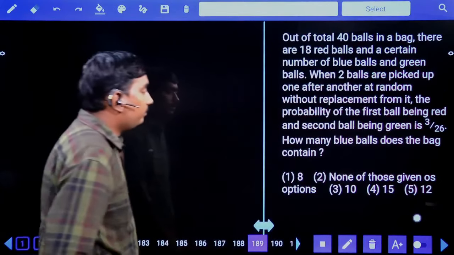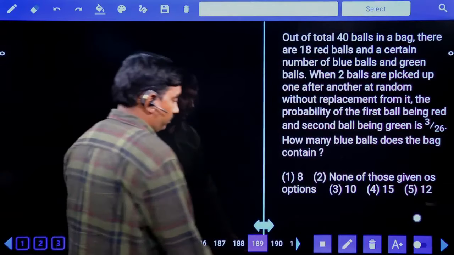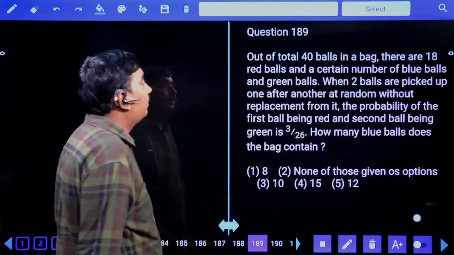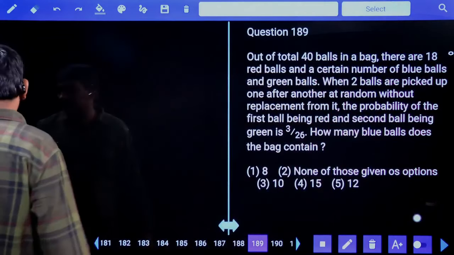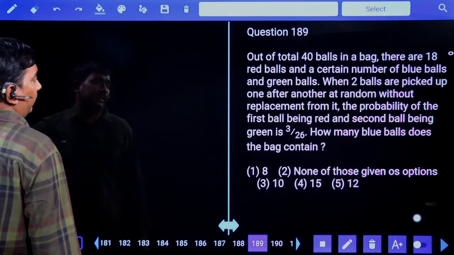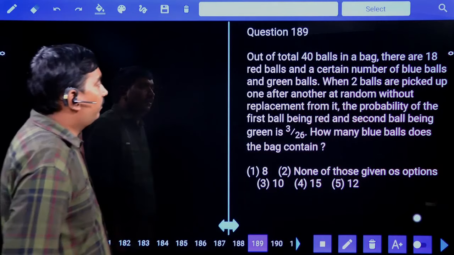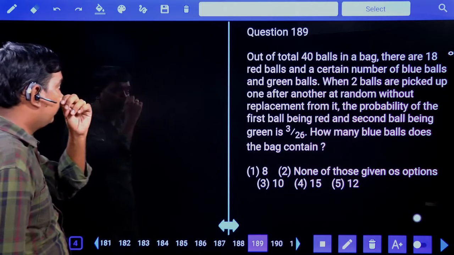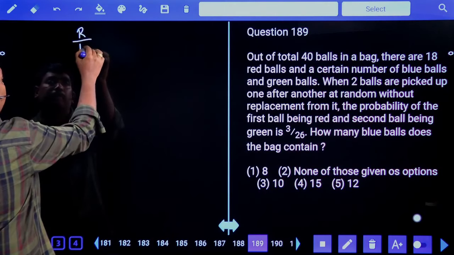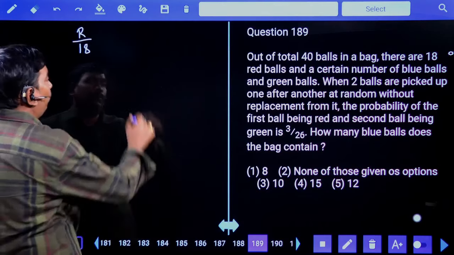Next. Out of total 40 balls in a bag, there are 18 red balls and a certain number of blue balls and green balls.